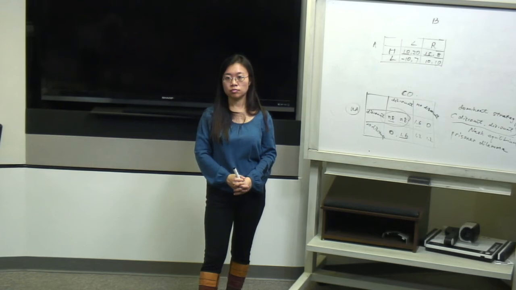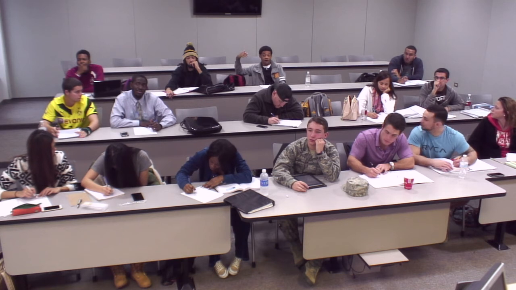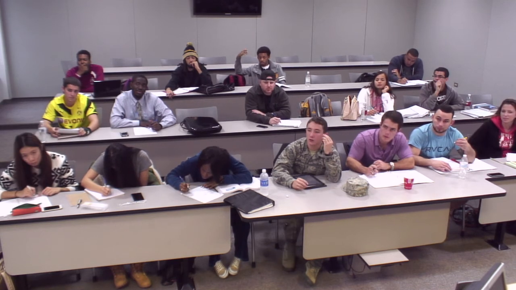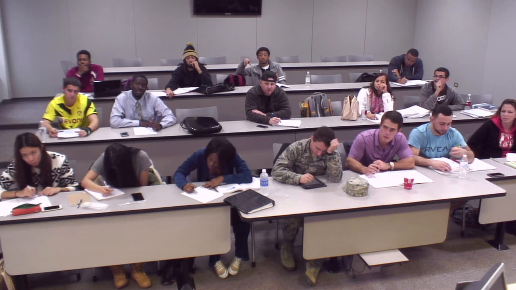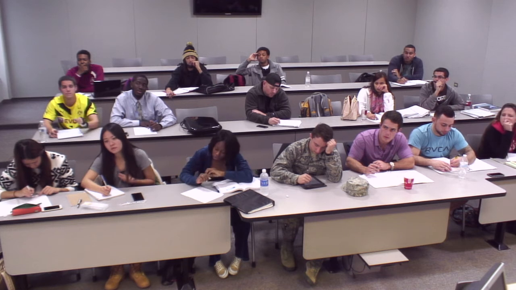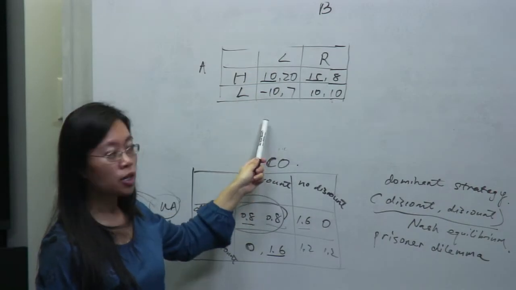I still don't see how A has a dominant strategy. Can you go back over how you're supposed to get a dominant strategy? I'm talking about this problem. We're figuring out whether A has a dominant strategy, so you have to fix B's strategy.